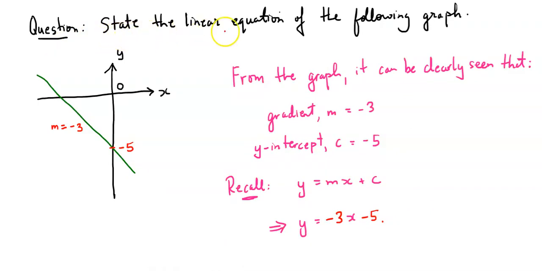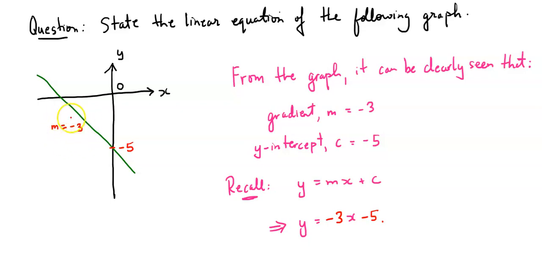Question: state a linear equation of the following graph. So we have a graph here, our y-axis, our x-axis, origin. We have a line that's sloped this way. If you remember, if a line or graph is sloping in this direction here, the gradient is going to be negative. So here we see that the gradient is actually minus 3.